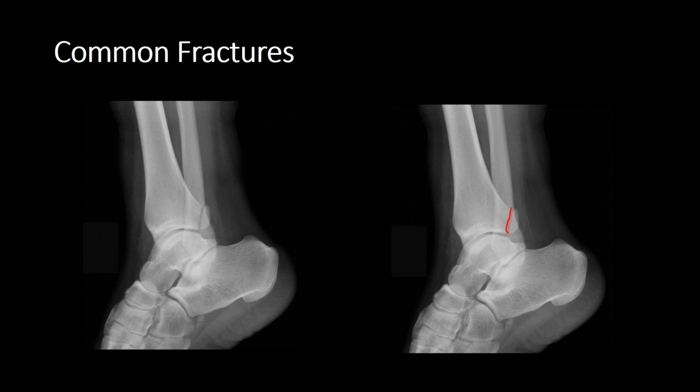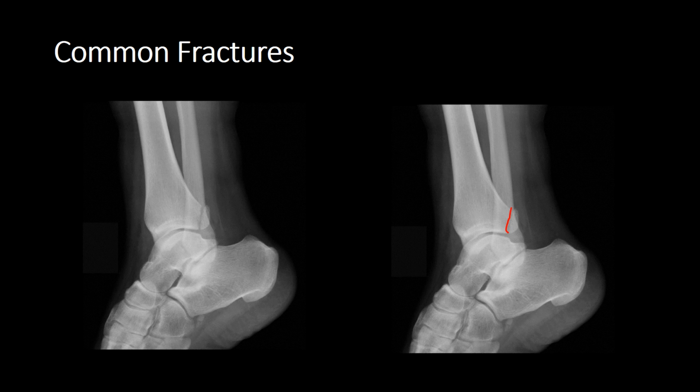So for example, if you had a trimalleolar fracture, that's a fracture of the lateral malleolus, the medial malleolus and the posterior malleolus. It's important to be very suspicious of an isolated fracture of the posterior malleolus, and if you do have it, you will need to go on and do full-length tibia and fibula views to make sure that you don't have a high fibula fracture in addition, but I'll talk about that in a bit more detail in part 2.